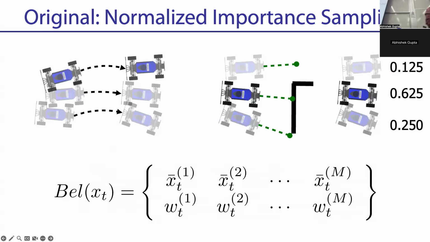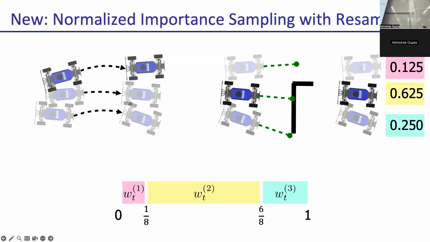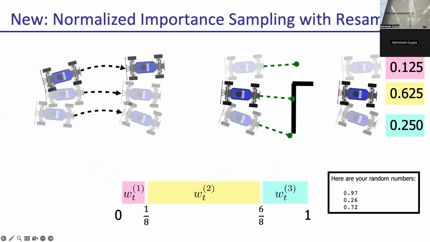But let's go through an example and see what resampling looks like, right? So we did the previous step. We got to 0.125, 0.625, 0.25. That was our likelihood. Now we're going to do resampling, right? So we're going to put these on a line, draw a bunch of samples from 0 to 1, right? And so our numbers, let's say, were 0.97, 0.26, 0.72, right? So it's going to put one sample here. It's going to put 2 samples here, right?